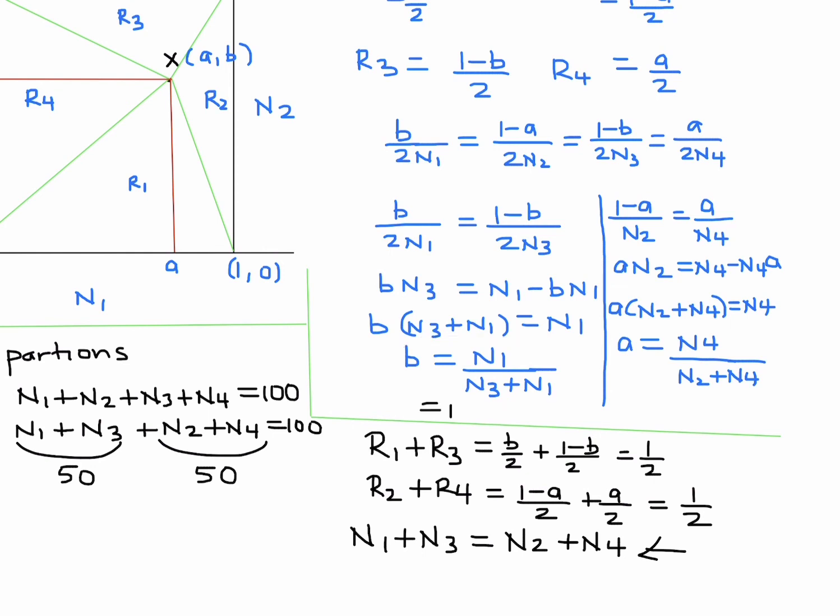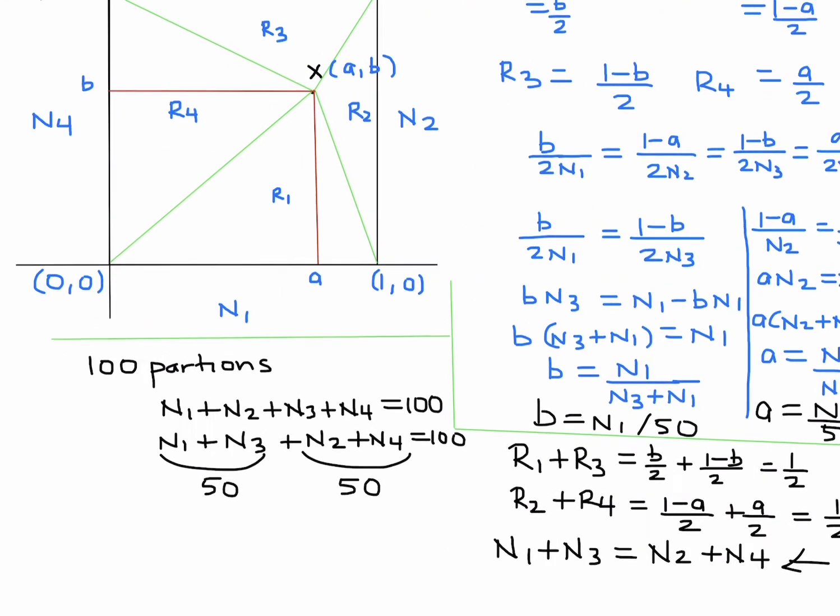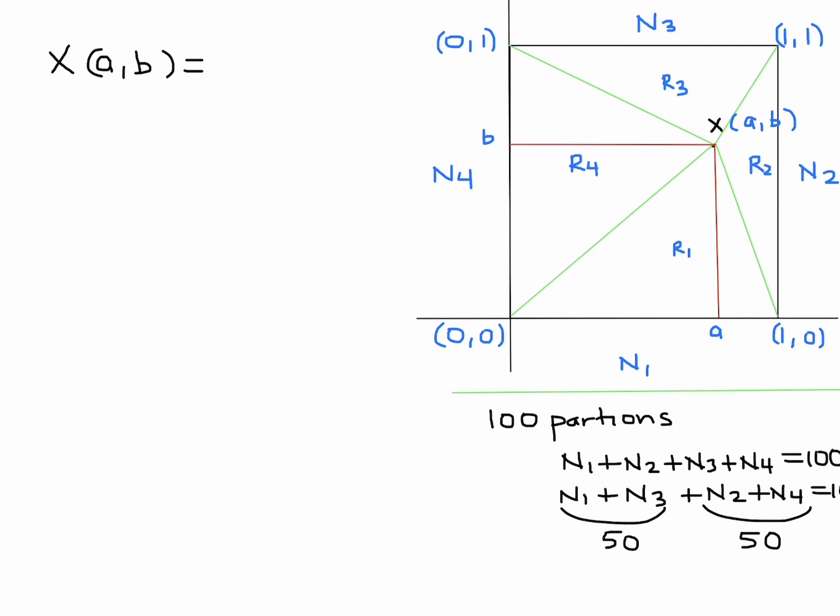That basically means that it's going to be n1 over 50, since n3 plus n1 is 50. And A was n4 over n2 plus n4. That's basically n4 over 50, since n4 plus n2 is 50. So I've got n1 over 50 and n4 over 50 for my values of B and A.